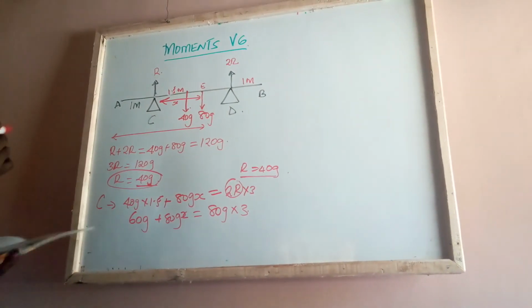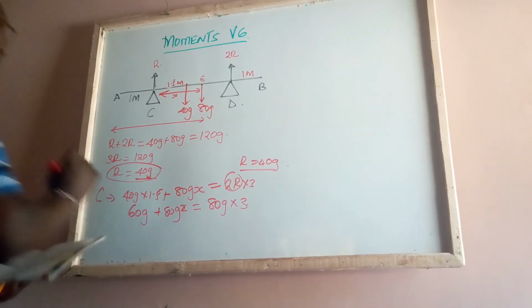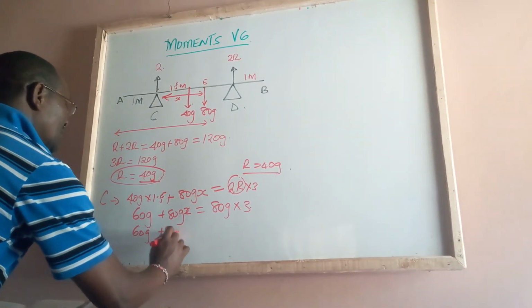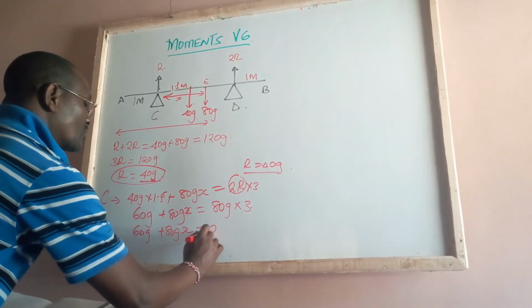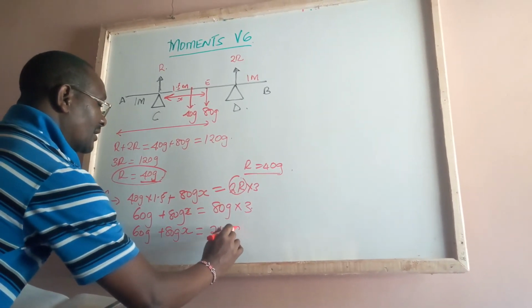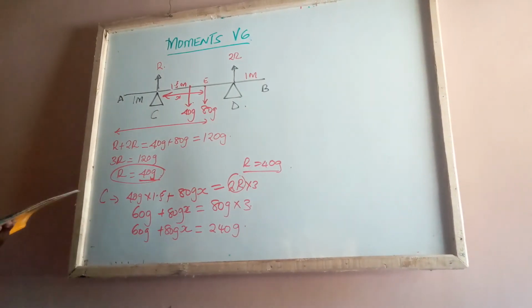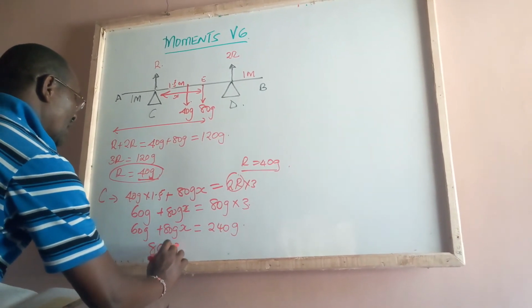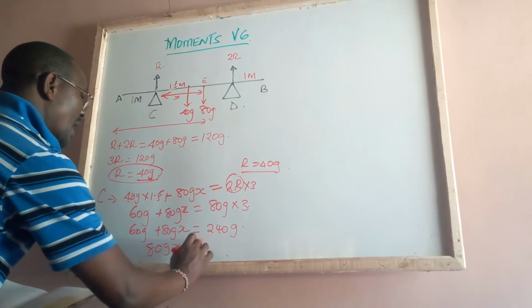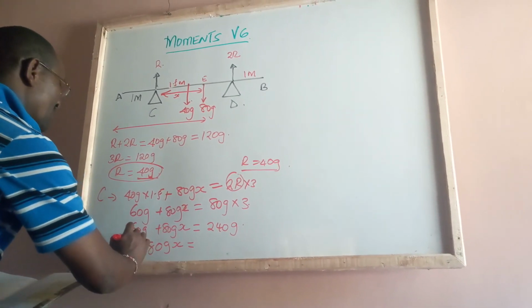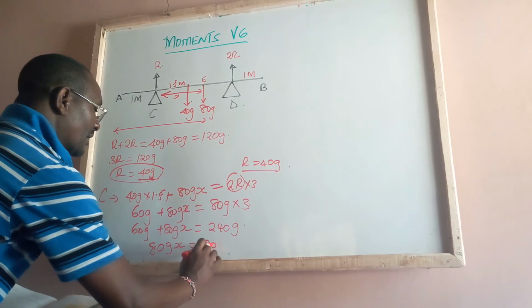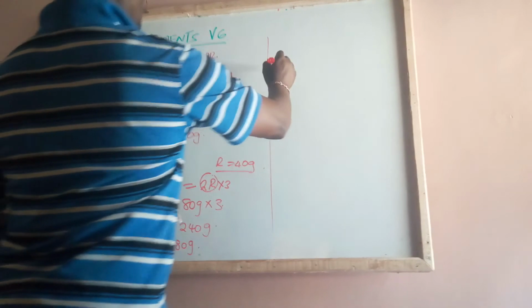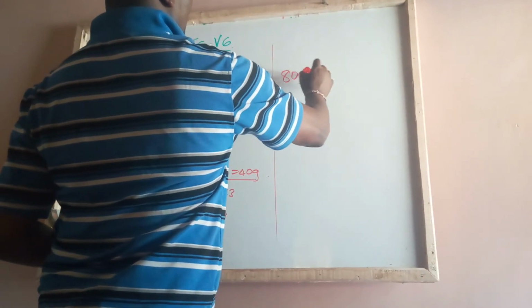Having said that, of course, we can now collect the like terms. This is 60G plus 80GX is equal to 240G. At this point, we can already see that 80GX is equal to 240G minus 60G, which is 180G.